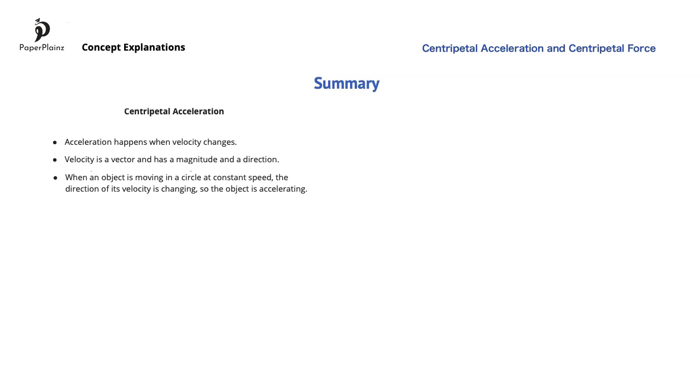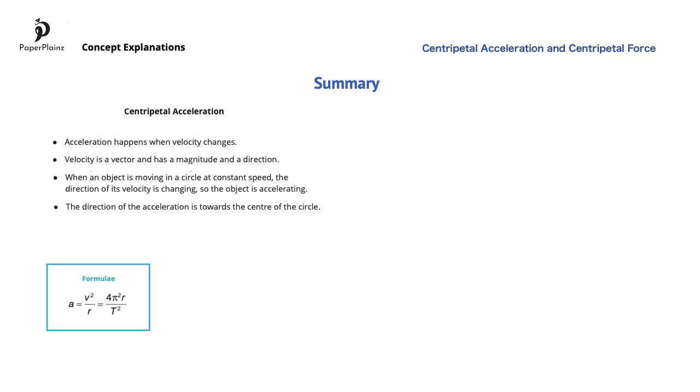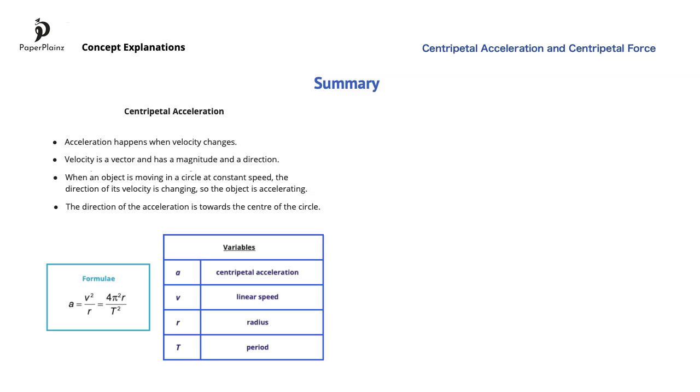Then we saw that when an object is moving in a circle at constant speed, the direction of its velocity is changing, so the object is accelerating. The direction of this acceleration, called the centripetal acceleration, is towards the center of the circle, and its magnitude can be calculated by using one of the following two formulae. Here are the variables that are present in these formulae.